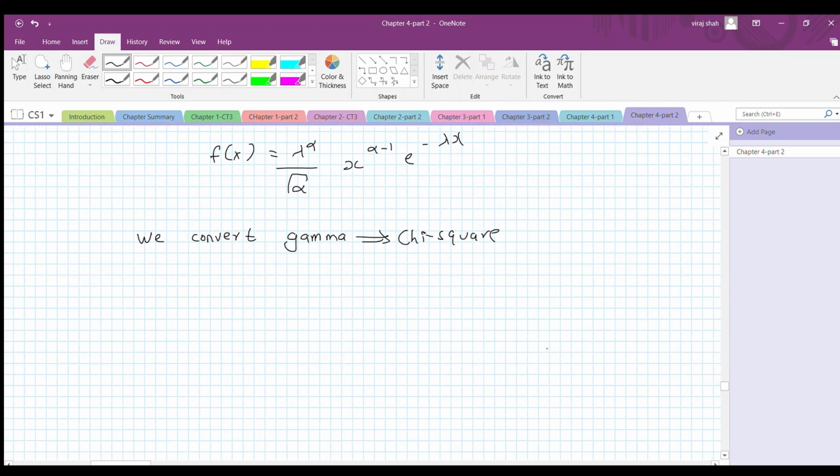Okay? Since we have been given less than probabilities for v greater than 3, this means that for the majority of the aspects we have been given the less than probabilities. Okay, so if I'm asked that some chi square is less than some value, then I directly see the table and get my answer.